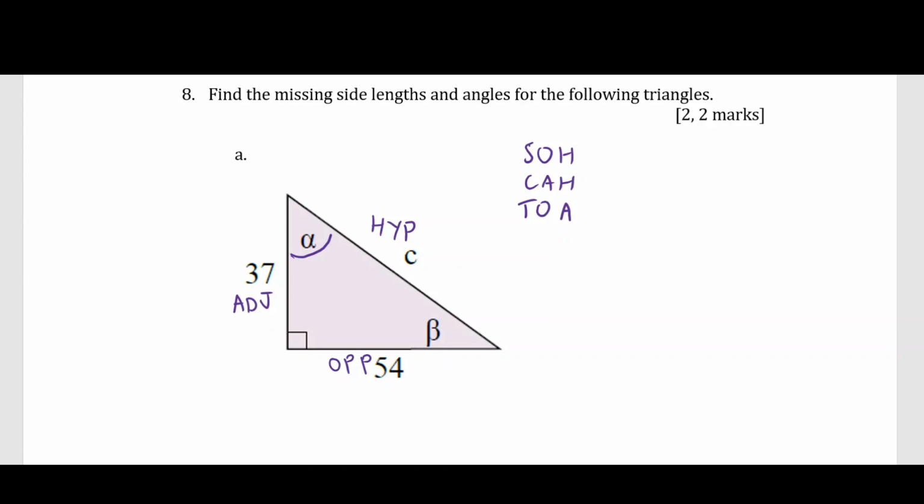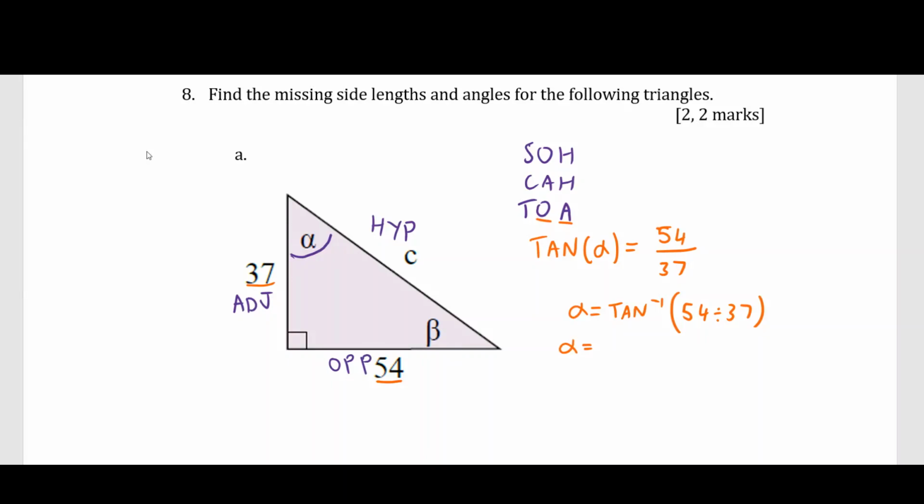So we can use tan. Tan of alpha is equal to the opposite over the adjacent. So that's 54 over 37. Alpha equals tan to the negative 1, 54 divided by 37.